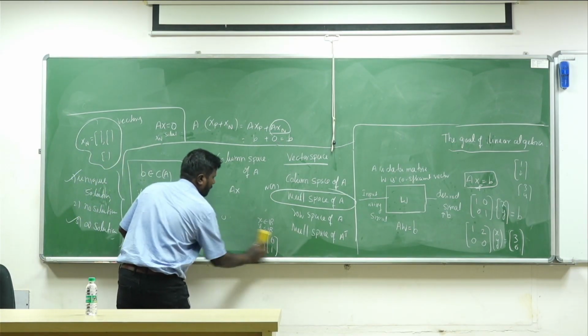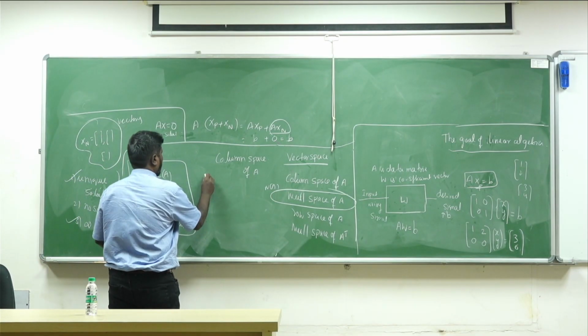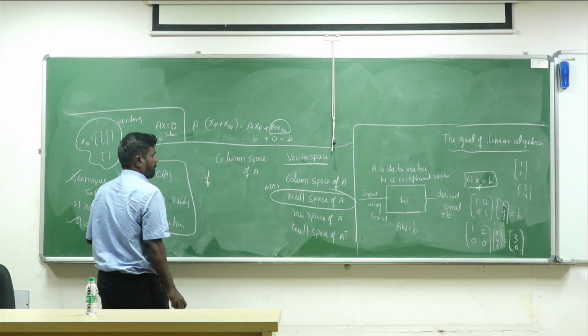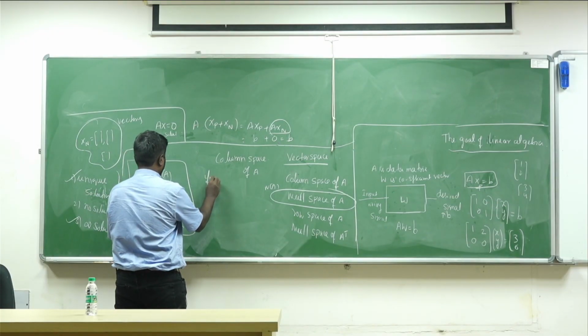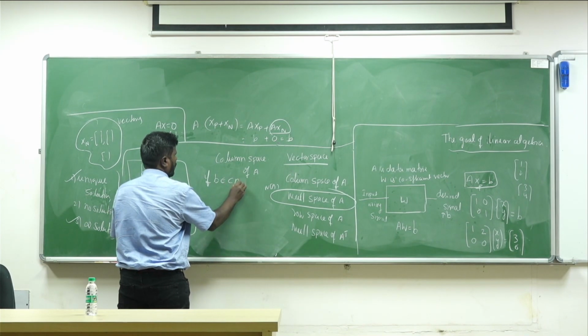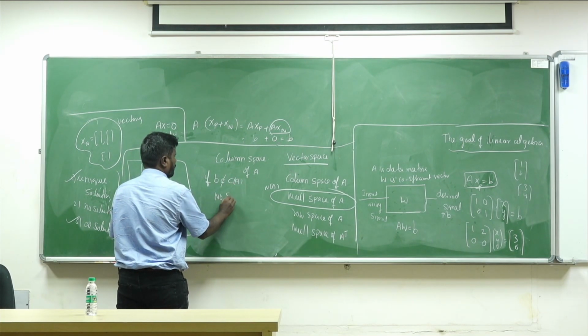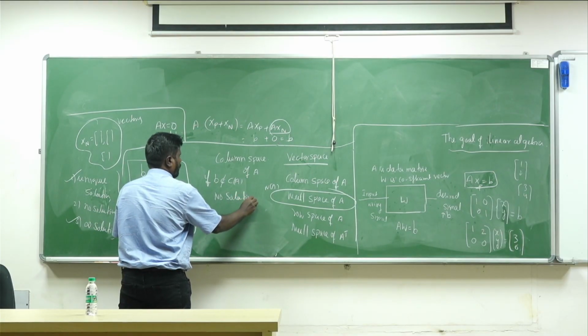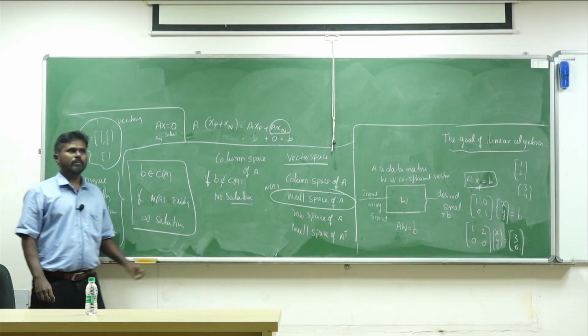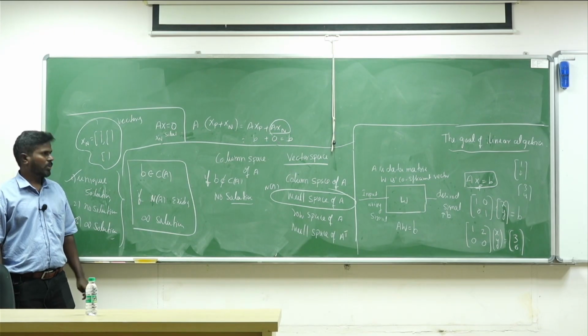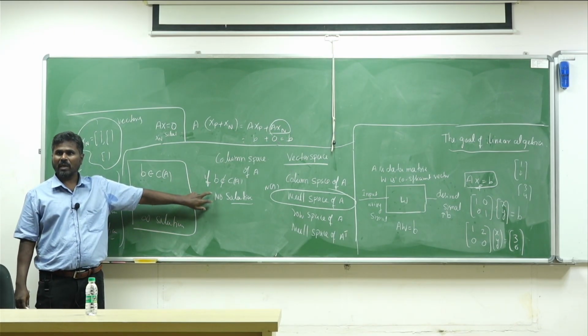If B is not from the column space of A, then no solution. This is the first condition to have no solution.